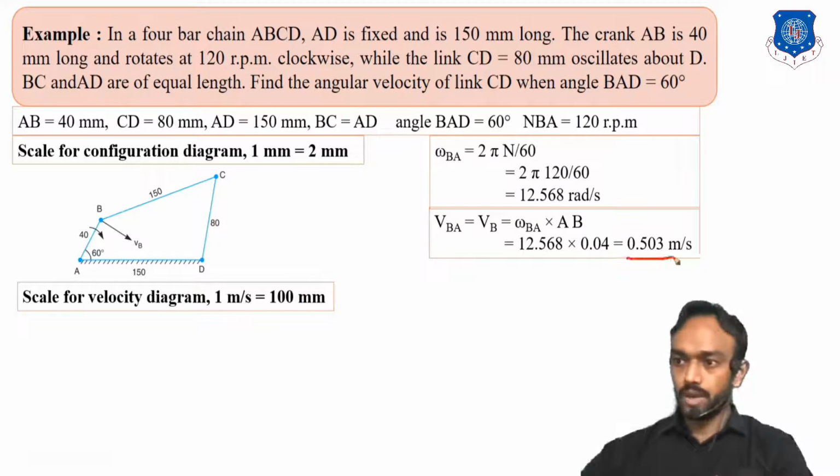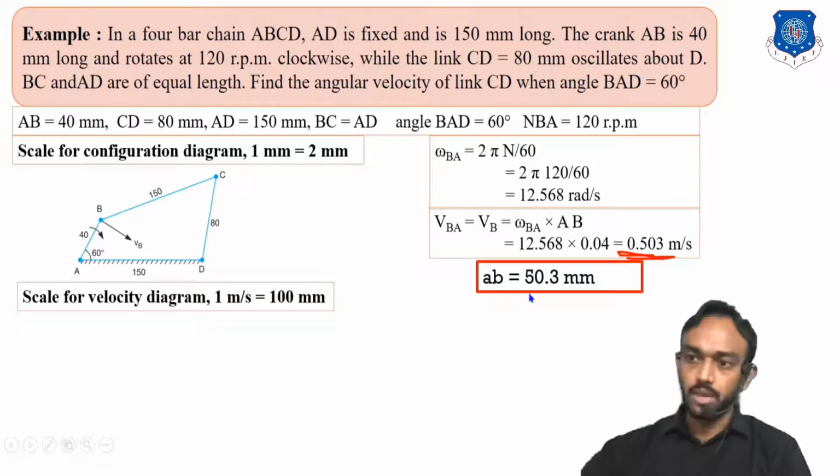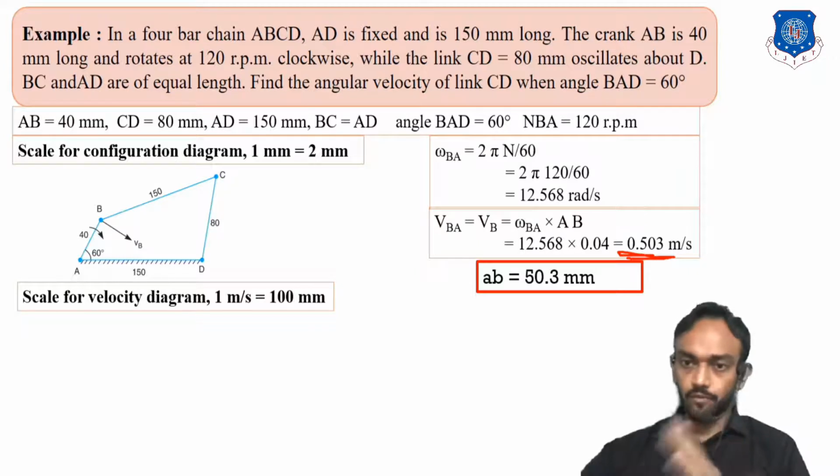So 0.503 meter per second, you multiply by the scale, 0.503 into 100, then your first distance or magnitude of velocity will be 50.3 mm.